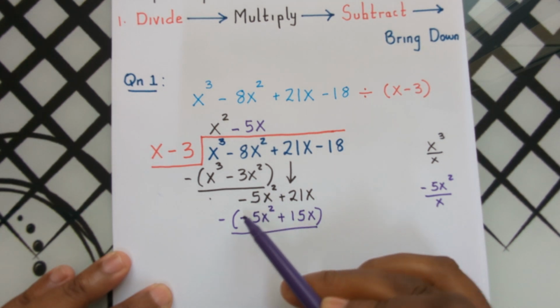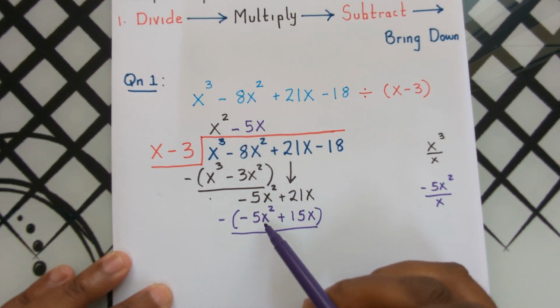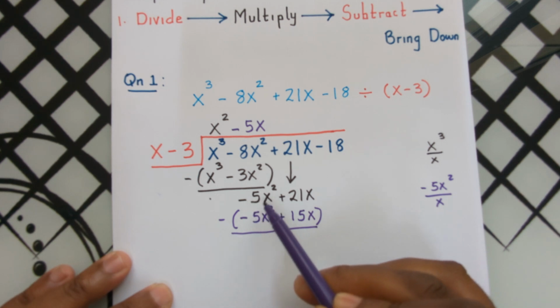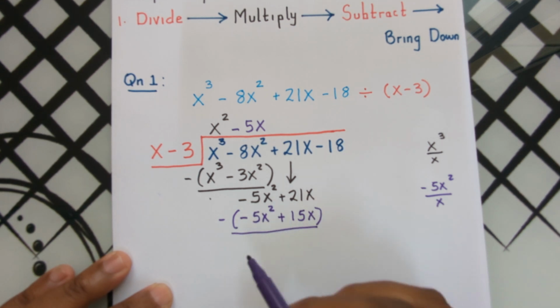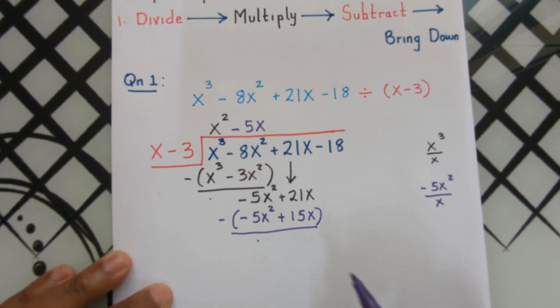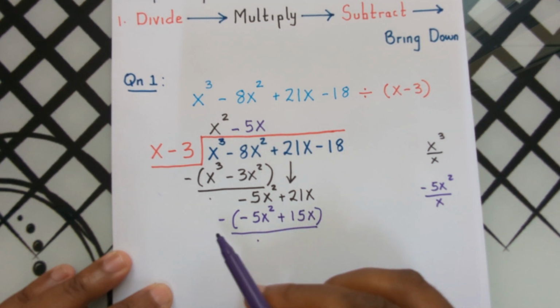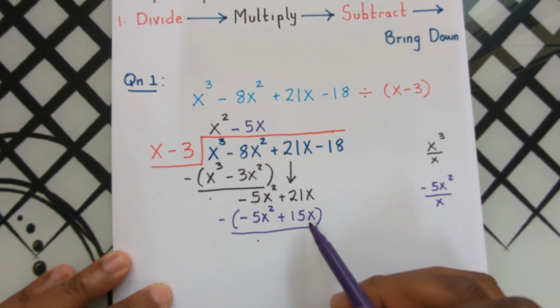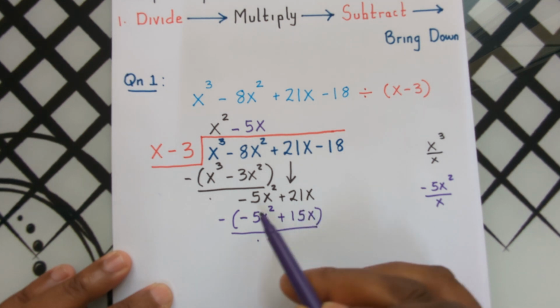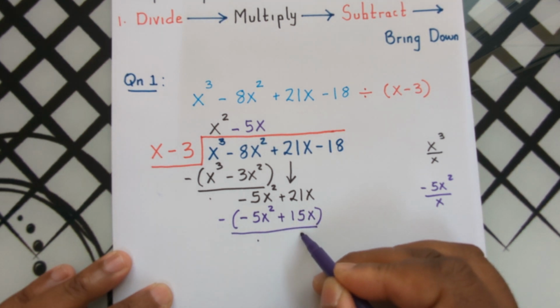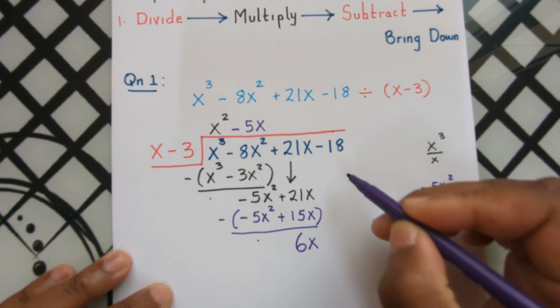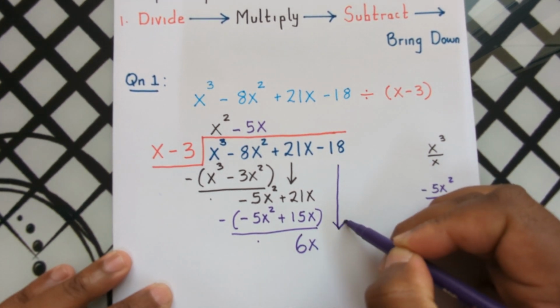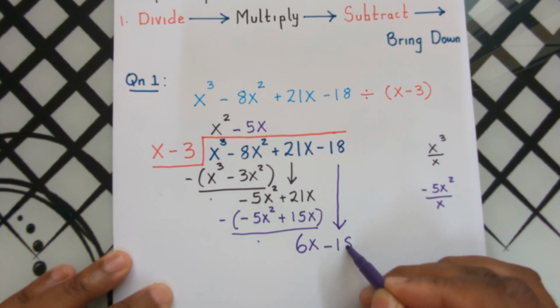Negative 5x squared minus negative 5x squared will give you a 0. 21x minus 15x will give you 6x. And we bring down the next term, which is negative 18.